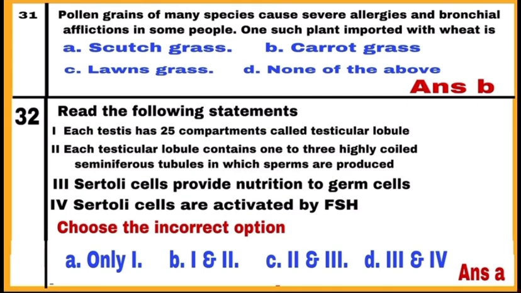Each testicular lobule contains 1 to 3 highly coiled seminiferous tubules in which sperms are produced. This is correct. Third statement. Sertoli cells provide nutrition to germ cells and Sertoli cells are activated by FSH or follicle stimulating hormone. These 2 statements are also true. So here incorrect statement is only one. So mark A as a correct answer.